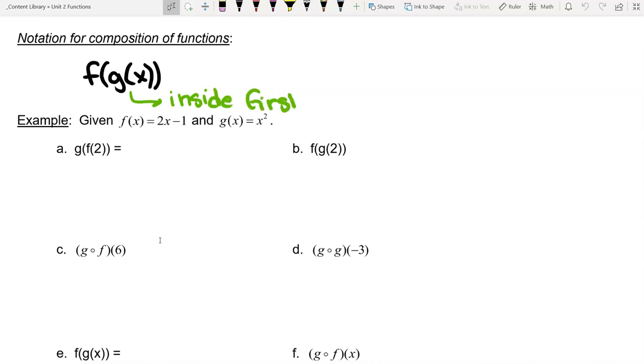So what I'm saying is you start with the inside one, do whatever it's telling you, and then take your number and plug it into the f. But another way you might see this, which is the same thing as what we just wrote, is f, that little o I was talking about, of g of x. These two are saying the same thing.